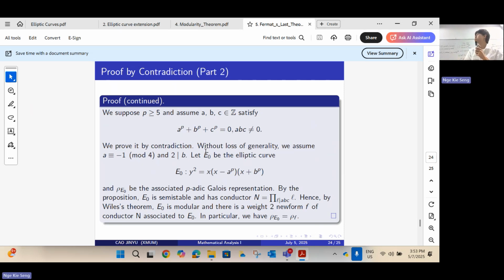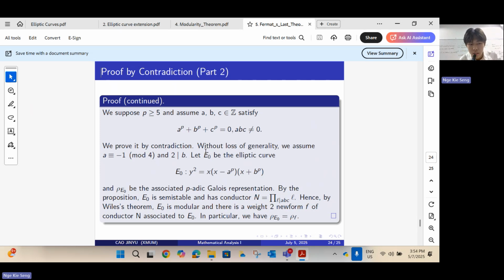So we prove it by contradiction. We suppose ABC is not equal to 0, and assume further A is congruent to -1 modulo 4, and B is an even number, with a Frey curve constructed as follows.